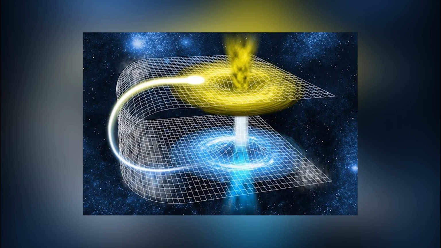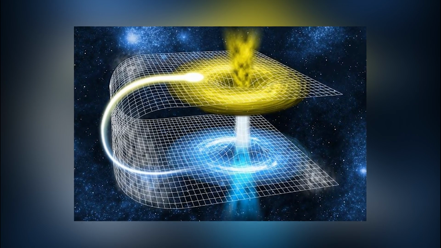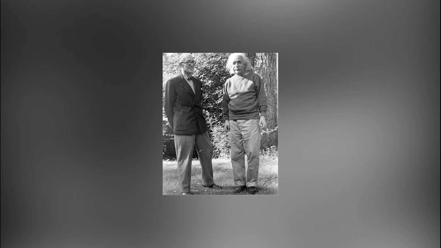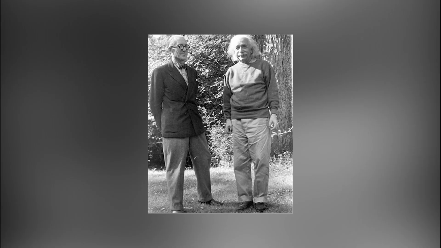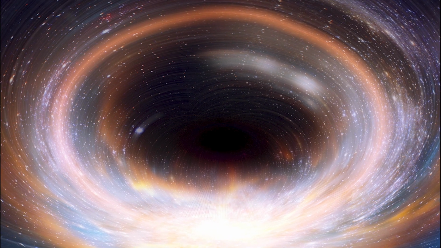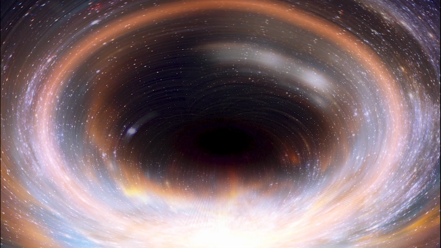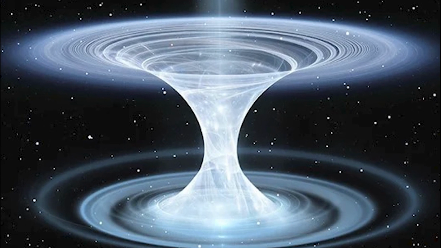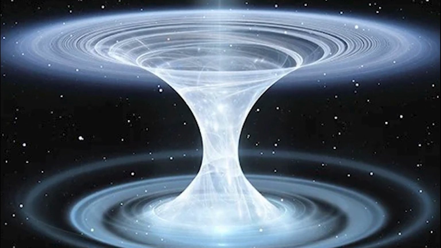The Einstein-Rosen bridge, or wormhole bridge, is a theoretical proposal developed by Albert Einstein and Nathan Rosen in 1935 as a mathematical solution within the theory of general relativity. This theory suggests that wormholes could be hypothetical connections in space-time that would act as shortcuts between two regions or even universes.